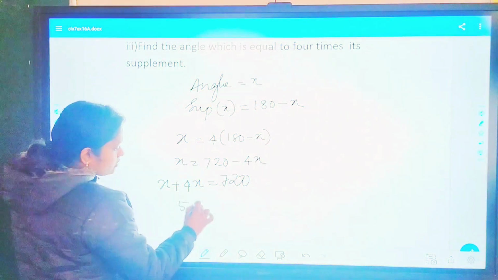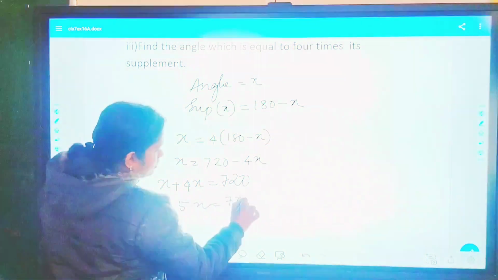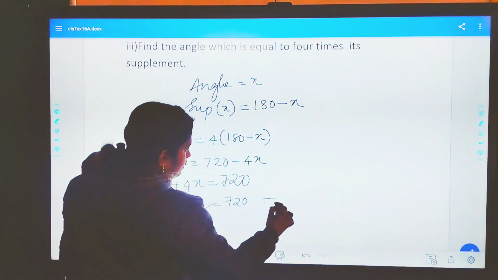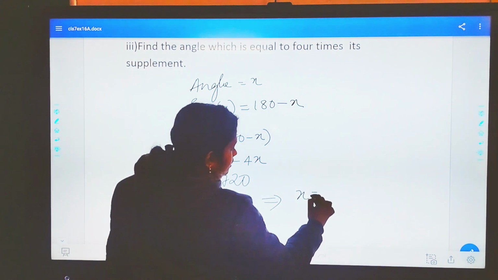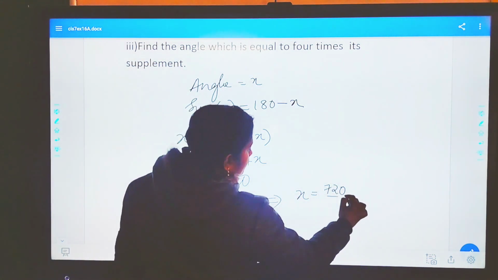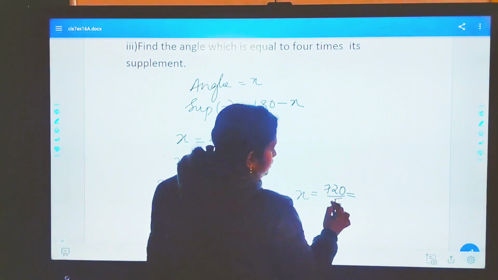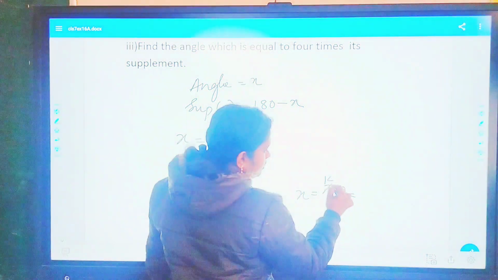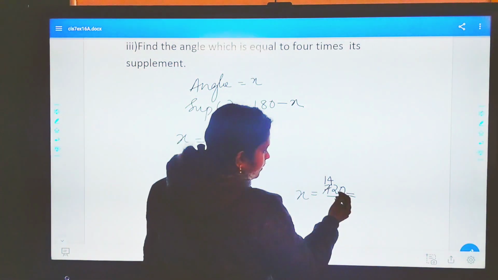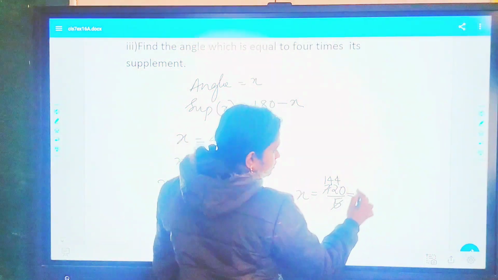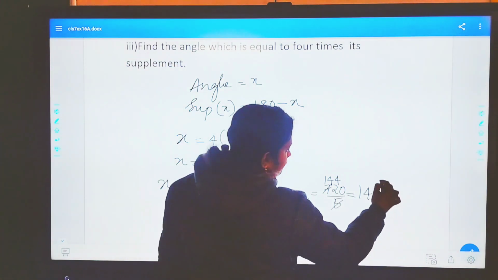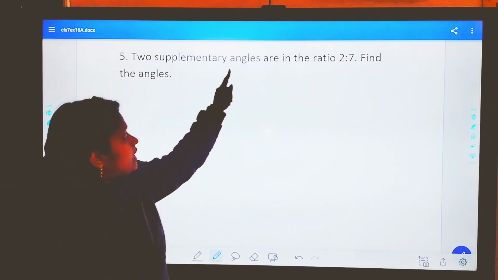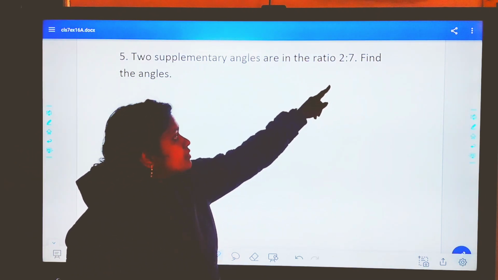Then 5x is equal to 720, so x is equal to 720 upon 5, that is 144. The angle is 144. The fifth question: two supplementary angles are in the ratio 2:7.